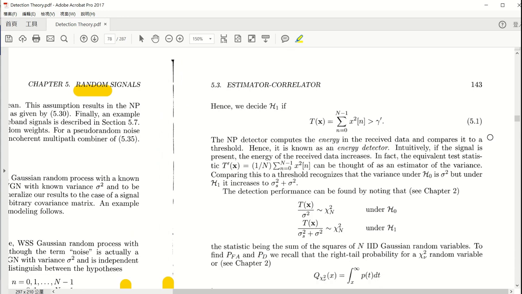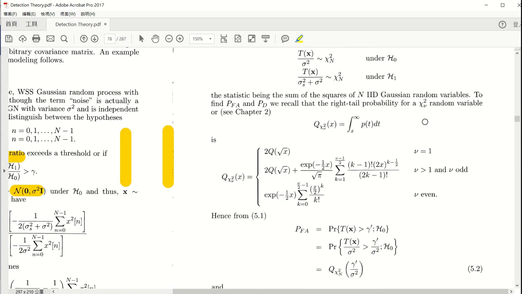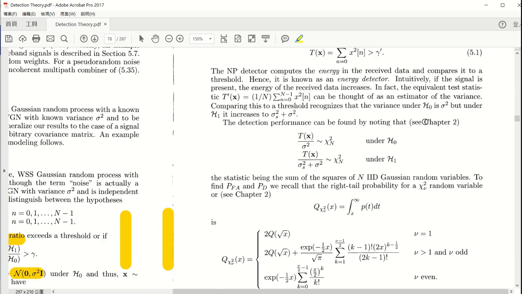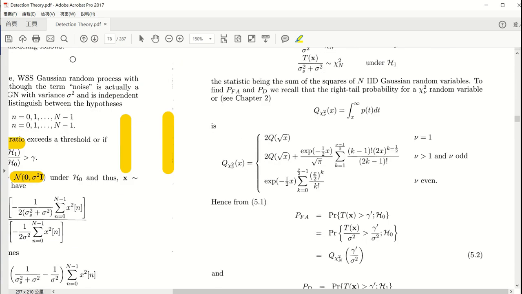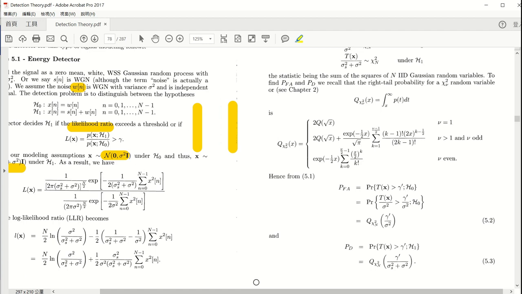Then we will change a little bit. We will go from here. That looks like something complicated, right? You see a lot of terms inside it.